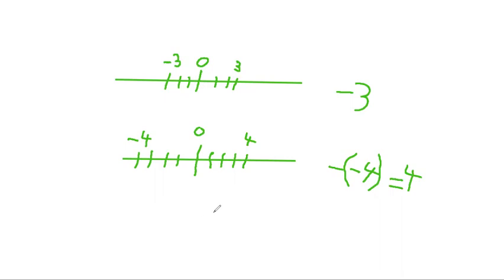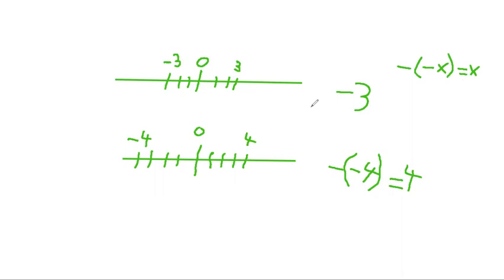So in general, folks, you can make this general statement: minus a minus x is always equal to x, for any choice of x. Technically, x would be positive if you wanted to, but it really doesn't make any difference, so you don't even have to say that.